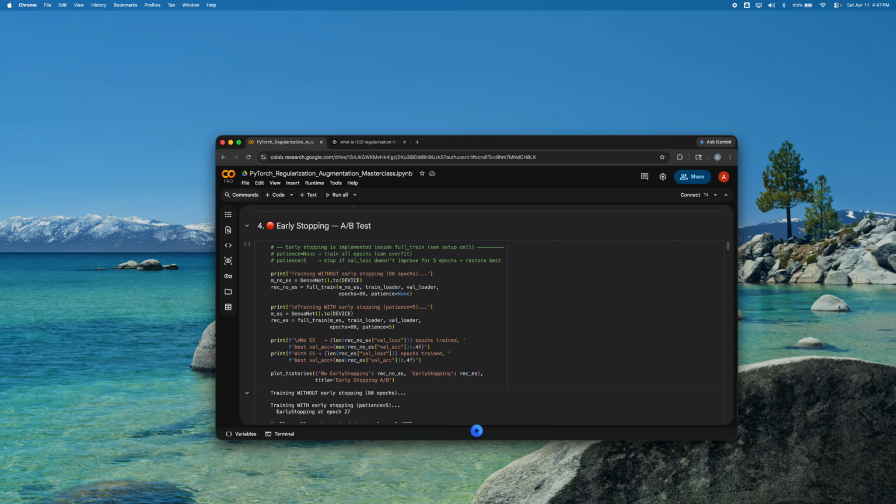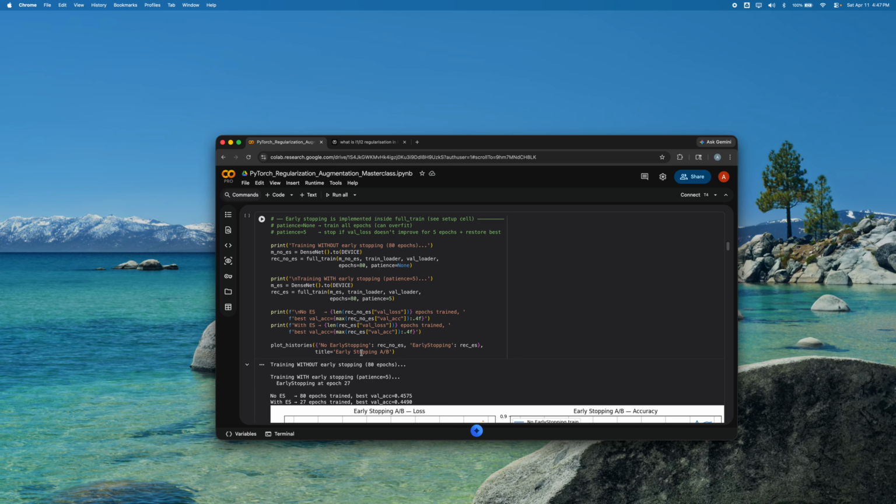If it doesn't improve for, let's say, a patience of 5, the training stops and the model weights are reset to the best checkpoint it saw. The notebook compares 80 epochs without early stopping, which will likely be overfitting, versus 80 epochs max with patience equal to 5, which means it stops much earlier.